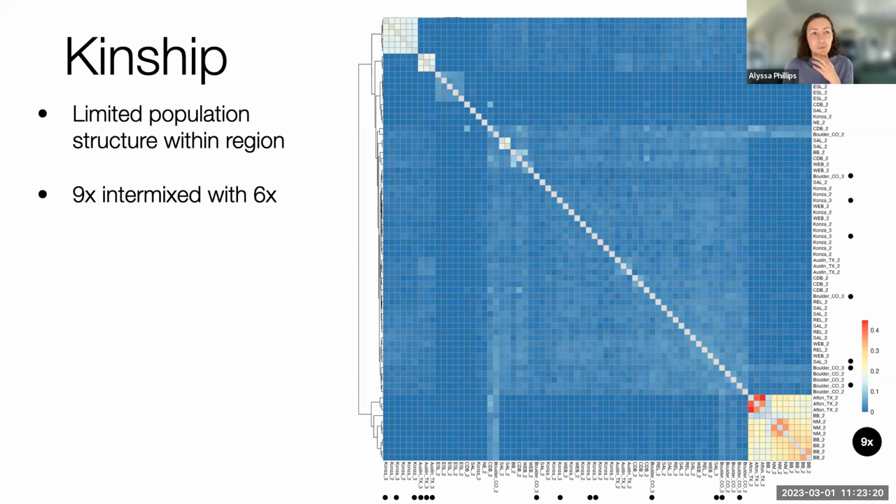We don't have great sampling near this group, and so it's unclear if there's just higher relatedness in that region generally, or if these could just be more related to one another. But overall, they still have quite low kinship compared to what you would expect from siblings, for example.